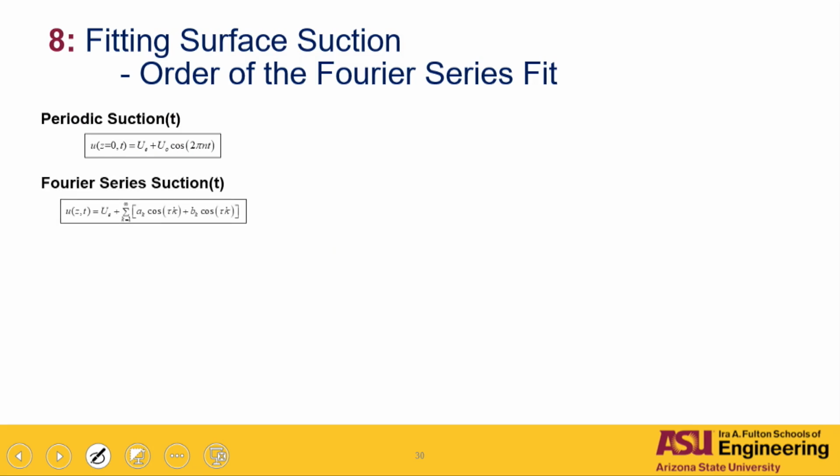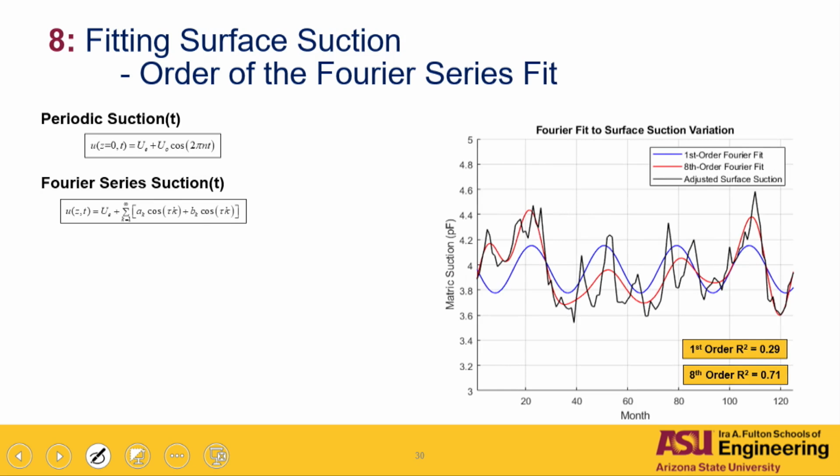So we jump into the Fourier series, right? And we start with first order, and a first order Fourier fit will give us this value here. The eighth order gives a little bit more of the jumps. We were trying to catch the jumps, right? The peak points that will cause the problems in the road, right? We don't want to smooth the suction.